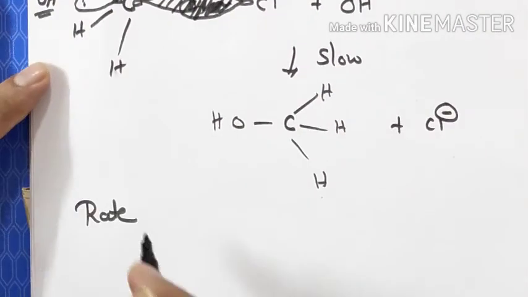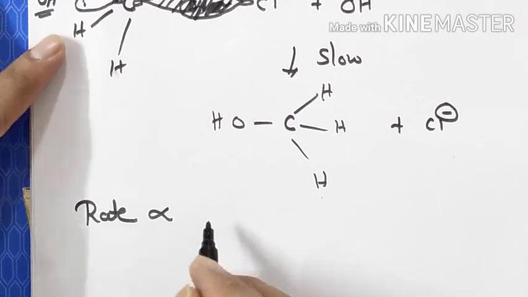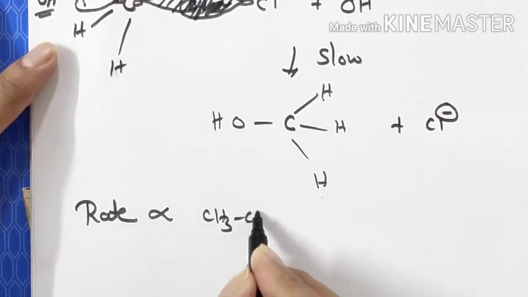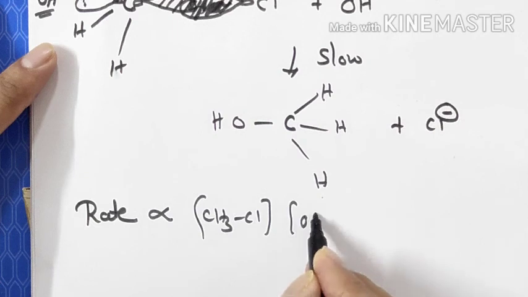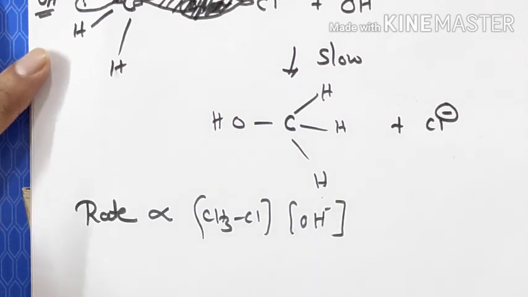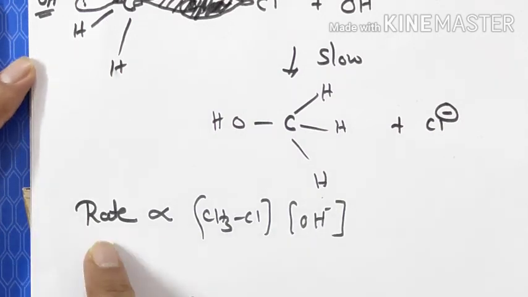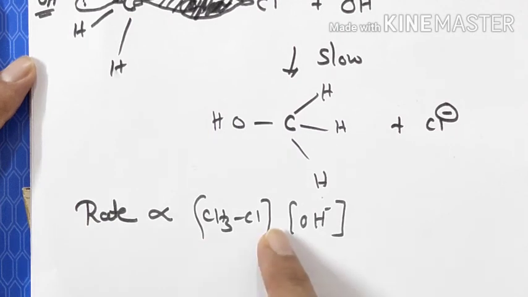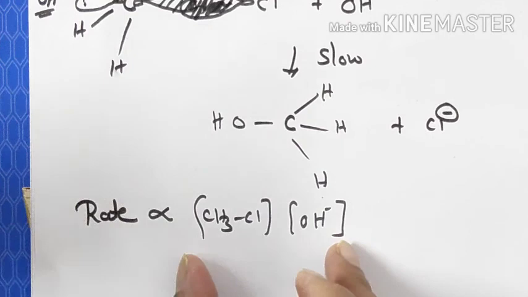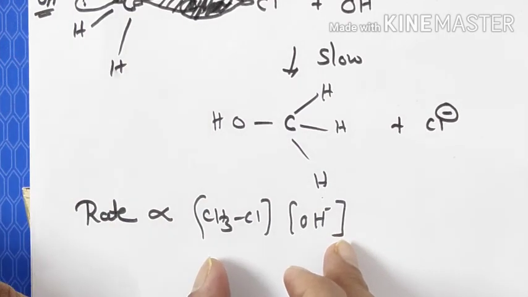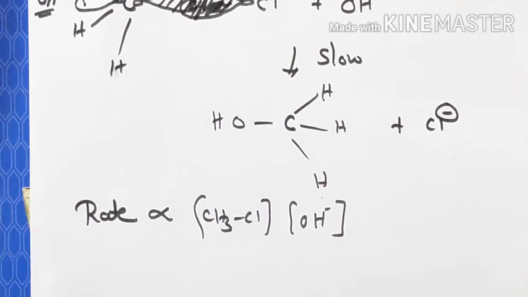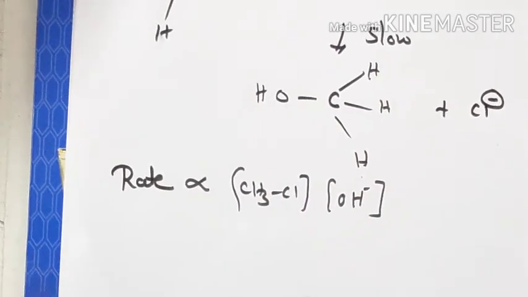So this rate of reaction is directly proportional to the concentration of CH3Cl as well as the concentration of the nucleophile, that is OH minus. Right. So this rate of reaction depends upon both. That's why it is called the SN2 mechanism, because 2. Right. So its order is 2 because in the slower step these two are present. Right. Clear? Okay.